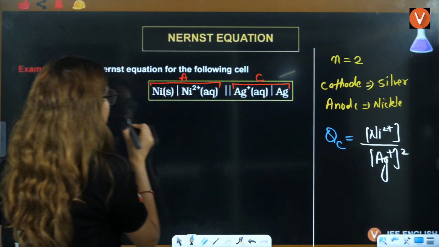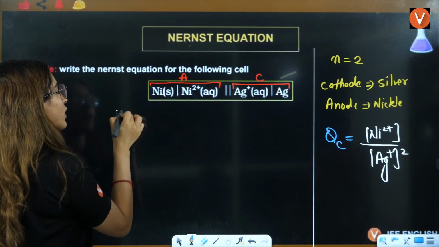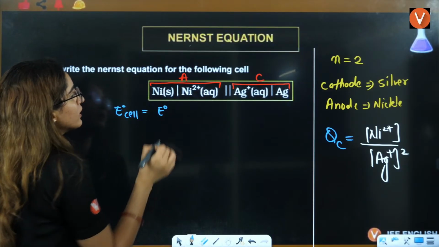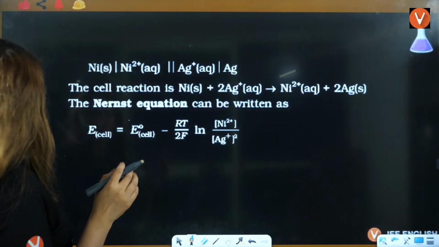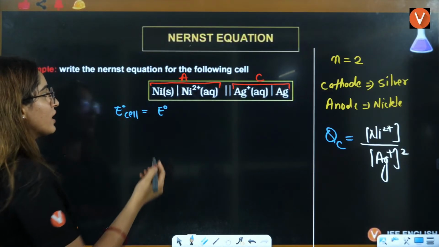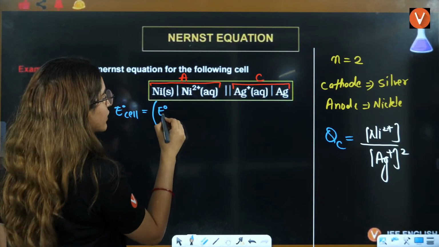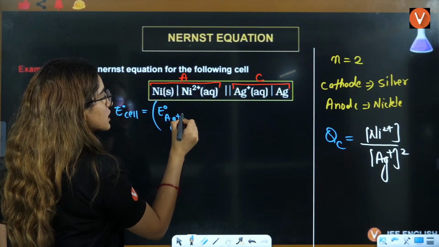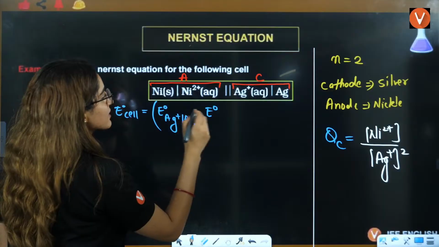That is, E cell is equal to, firstly tell me what is E naught cell. E naught cell is equal to E naught cathode minus E naught anode. I think no value is given to you, so here you will write E naught of cathode. Cathode is silver, for silver the reduction is Ag+ to Ag, minus E naught of anode, that is nickel.